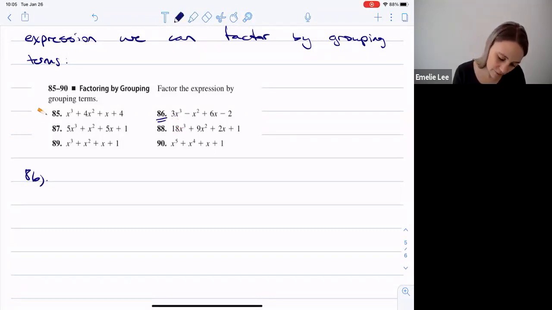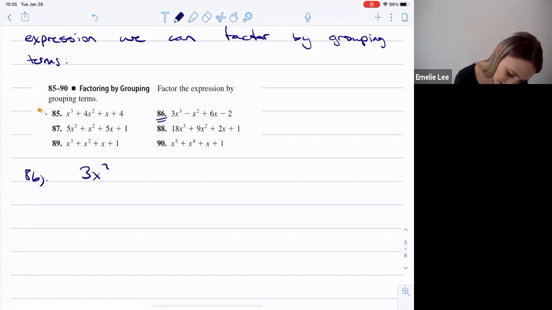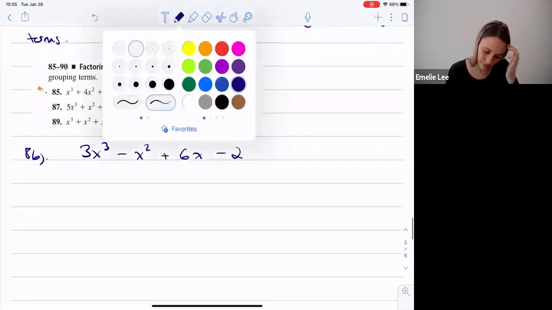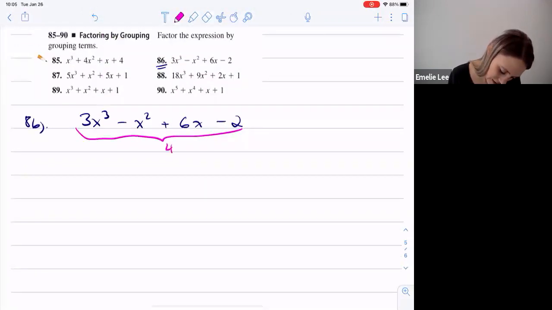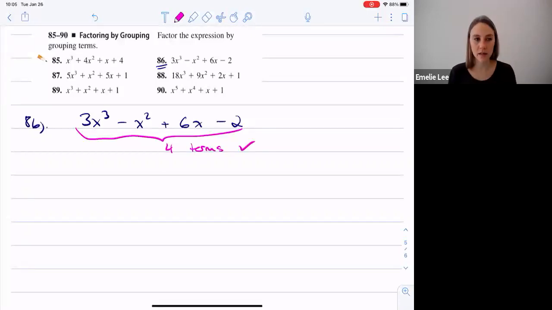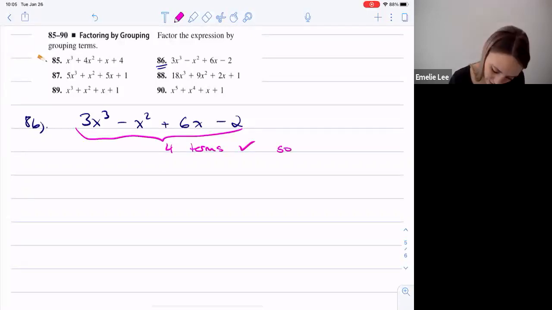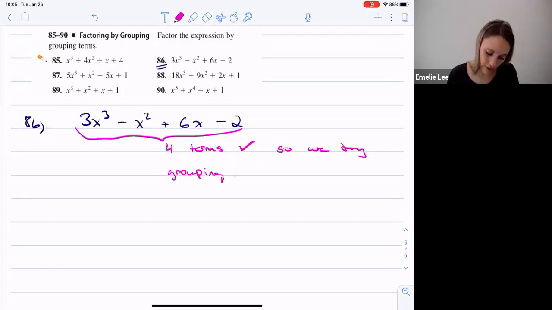And so here, we've got 3x to the power of 3 minus x squared plus 6x minus 2. First thing I'm going to write here is 4 terms, check. So we can try grouping. There are a couple of ways that you can group things.